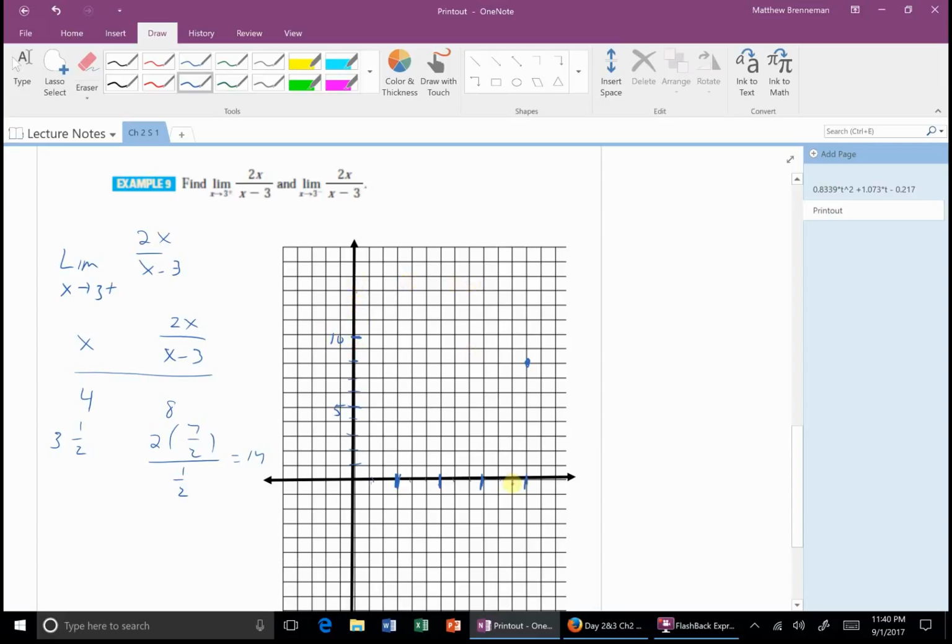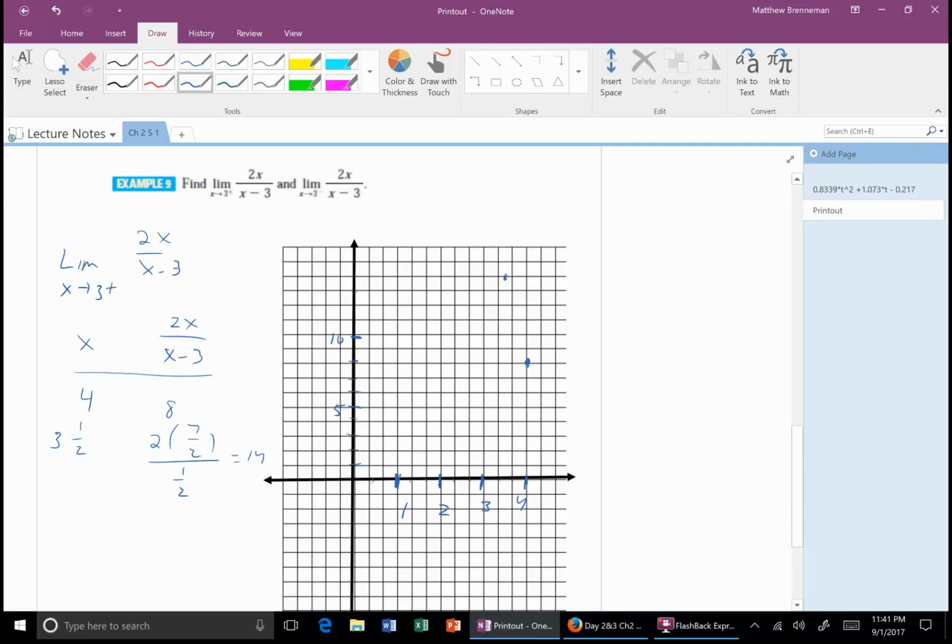You can see this is going to be hard to graph actually. And you might guess that as x approaches 3 from above, this is going to go to positive infinity.